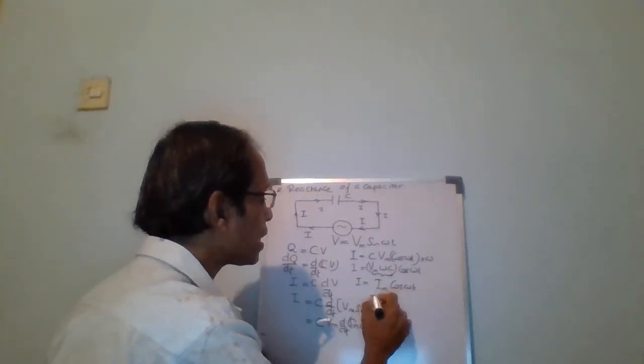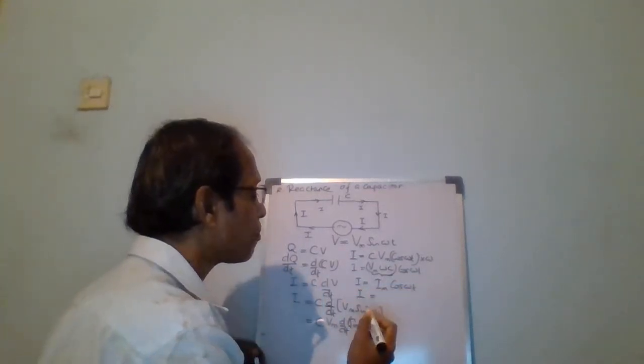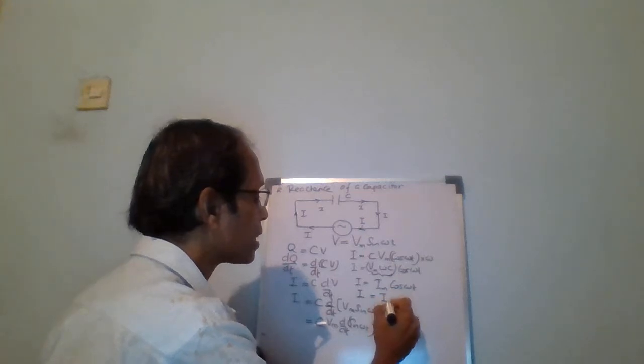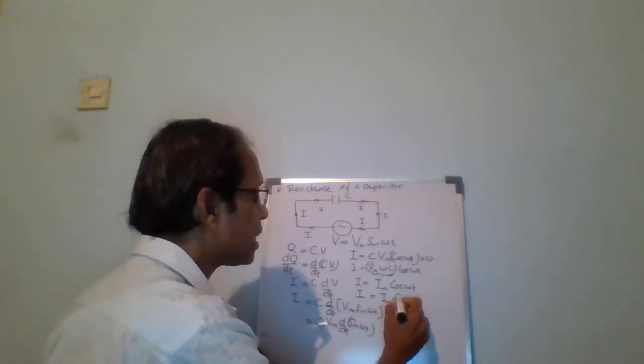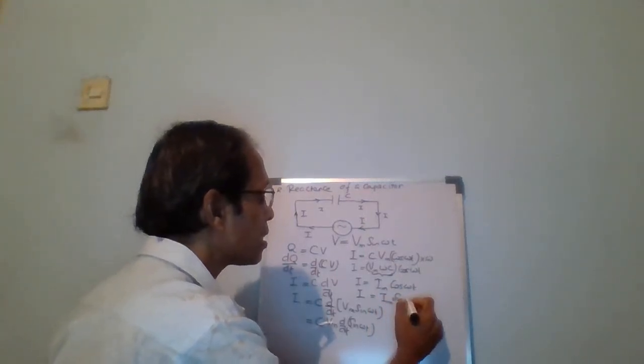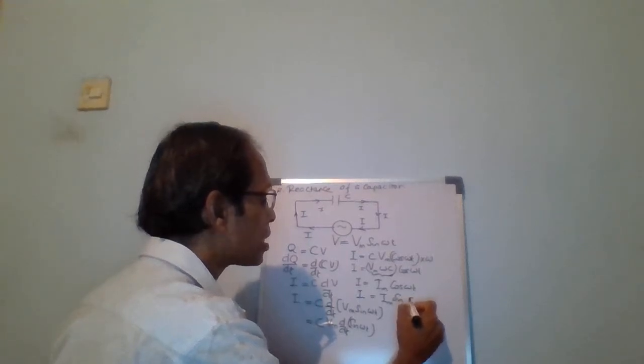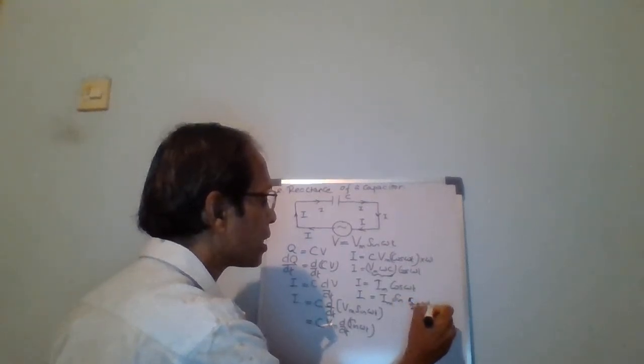Now, if we write this with the sine function, we can write sine of omega t plus pi divided by 2, since cosine is 90 degrees, pi divided by 2, ahead of sine.